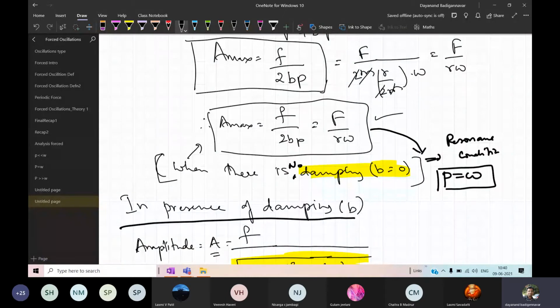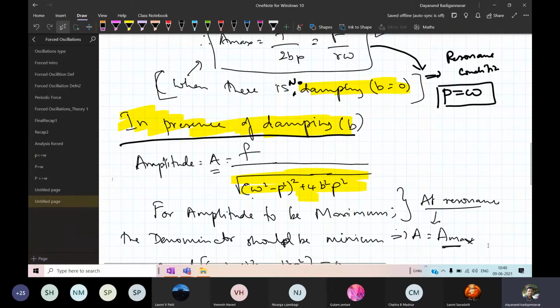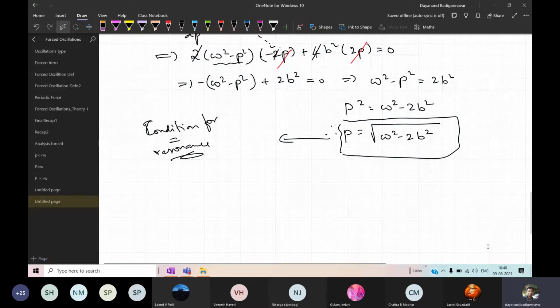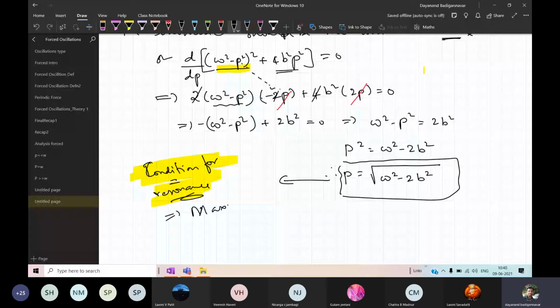Now here we have discussed the damping, when there is a damping, B. So when there is a damping or opposition, the condition for resonance, that is, where you get the maximum amplitude, is at this condition.